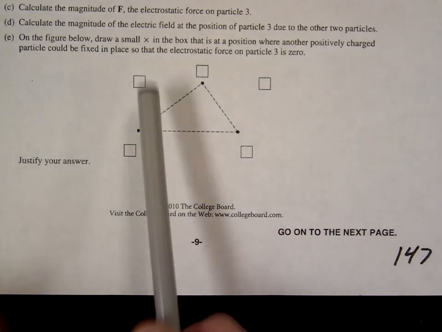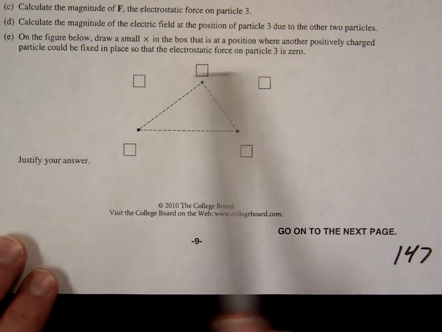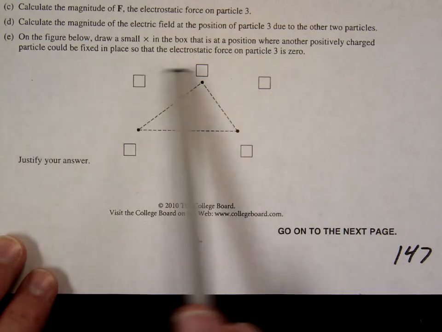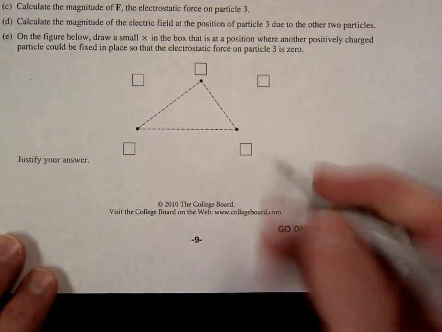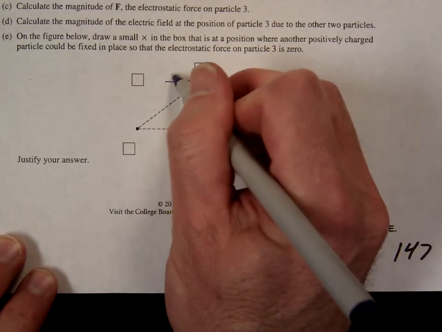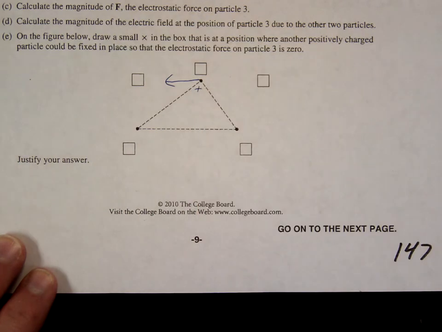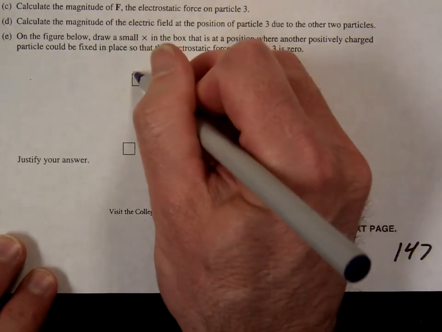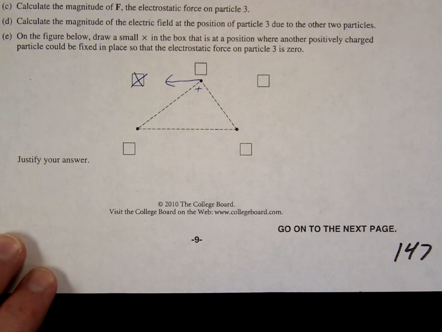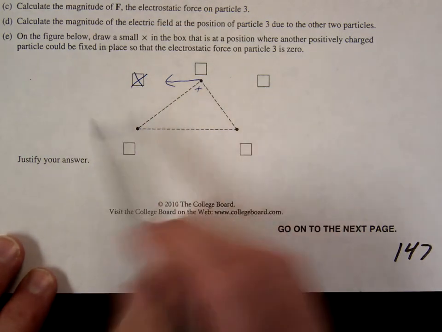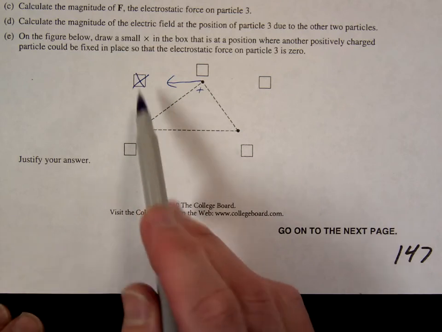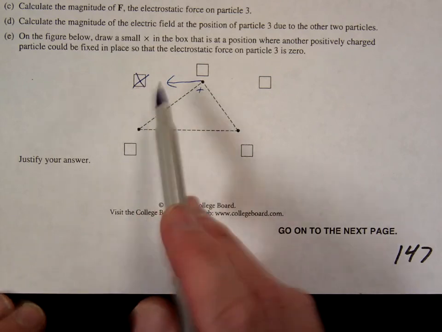Where are we going to put the x? On the figure, draw an x in a box where if you place another positive charge, it can make the net force 0. So anyways, it wants to go this way, and this is a positive, so where should you place it? Right there. Okay, so if you place a positive charge right there, it's going to push it in the opposite direction. 1 point for choosing that, and then 1 point for the explanation.